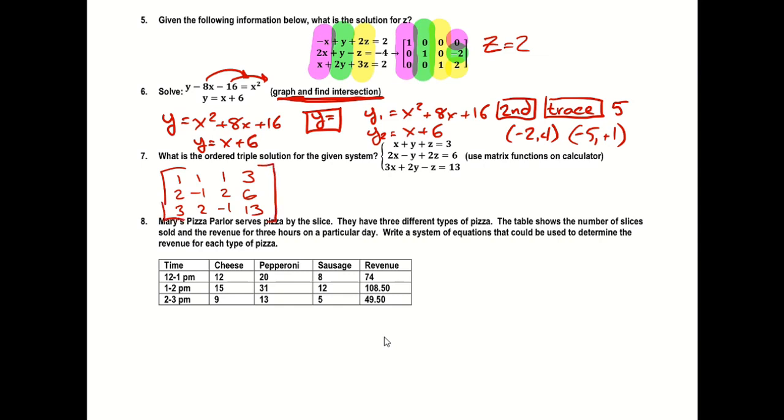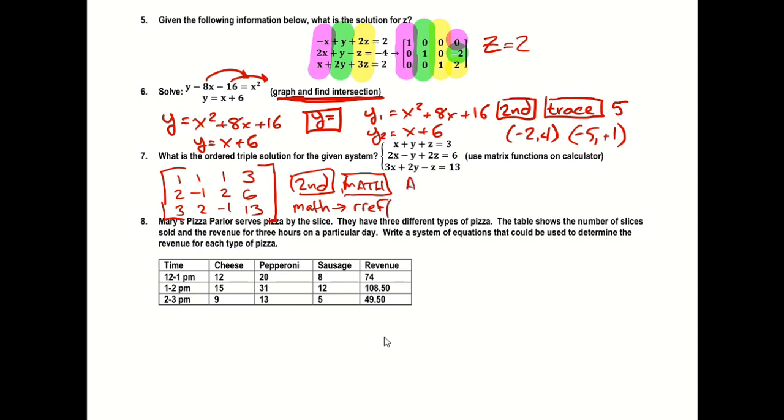So we're going to go into the calculator and hit second math. Then we cursor over to the second column, math, and choose reduced row echelon form, and hit enter. That'll bring you back to the main screen and you'll have the RREF with the parentheses waiting for you.